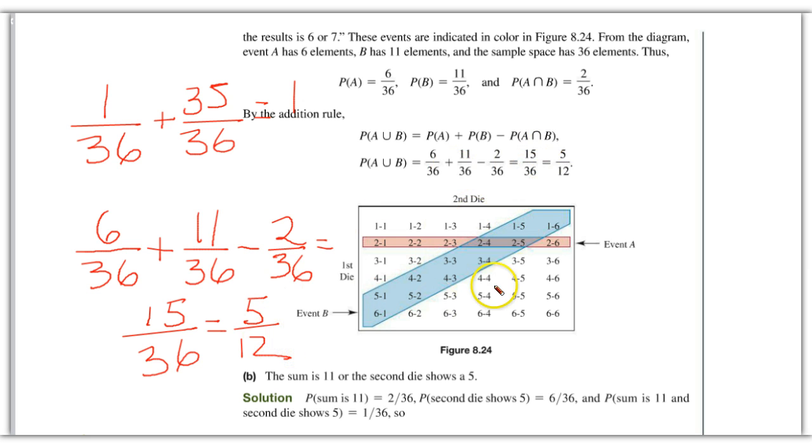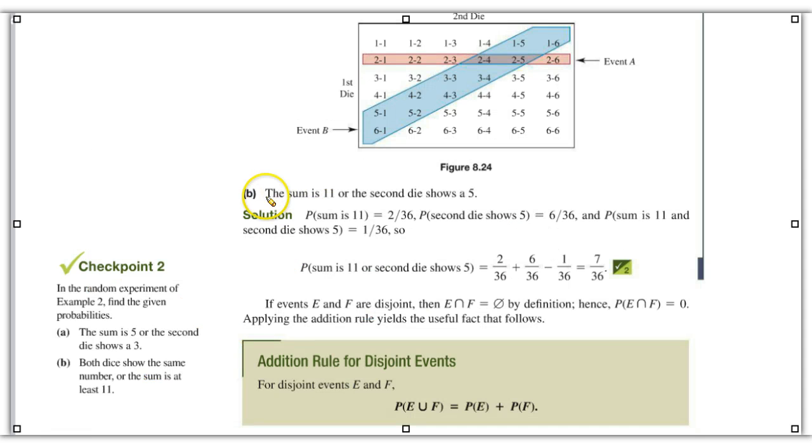And again, the use of this chart is going to be, I think, very useful. We're going to use it for a couple of examples. Now, for letter B, the sum is 11, or, again, this is union.